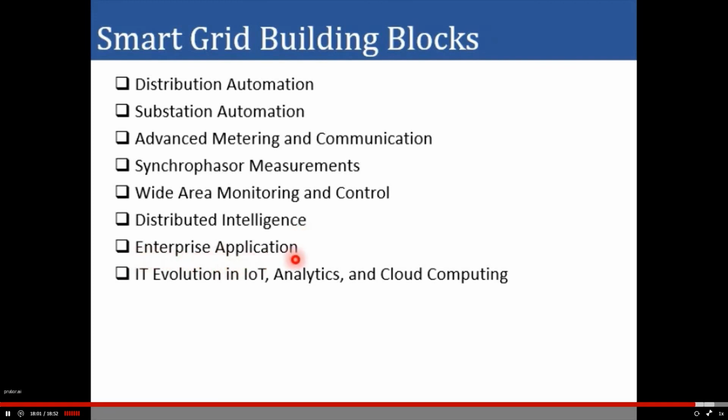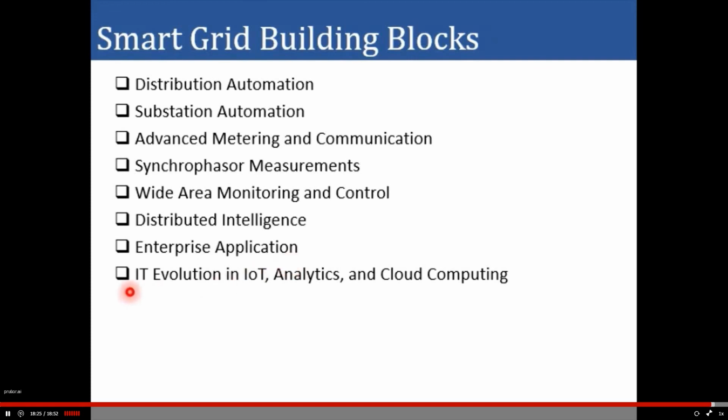Now, enterprise application means a lot of software applications are required to be added in the power system monitoring and control area, where the applications will be equipped with the latest IT architecture, and they will help in easing out the operation of the systems.